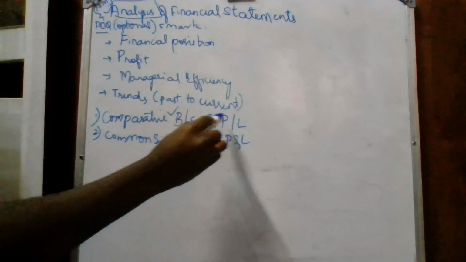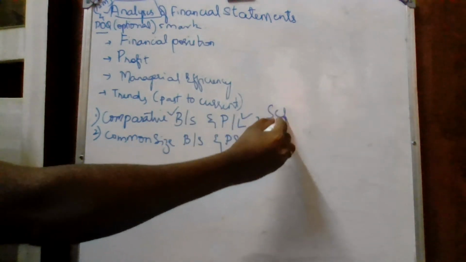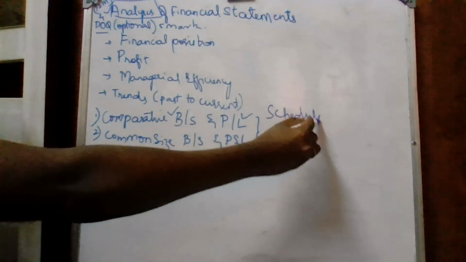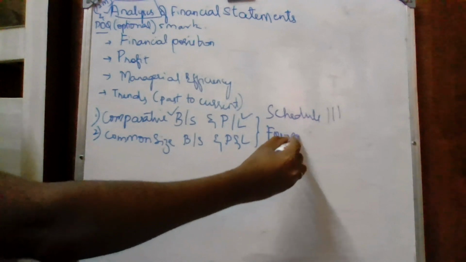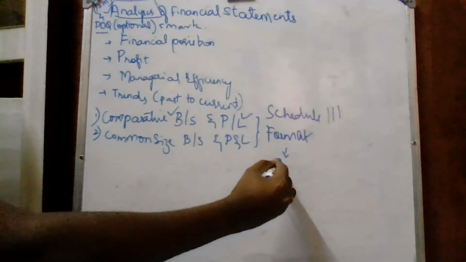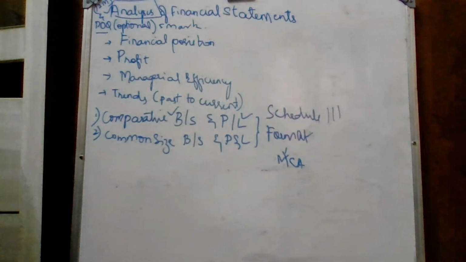To do this comparative balance sheet and P&L, these shall be in Schedule 3 format, which is given by MCA to present the balance sheet in the format that is being provided.